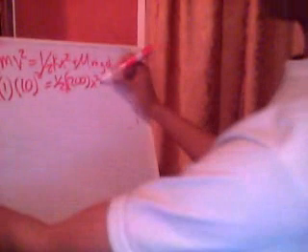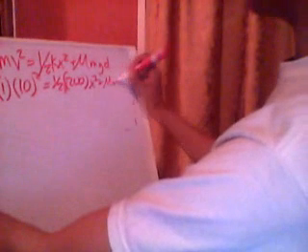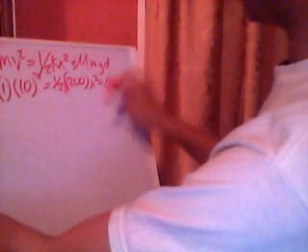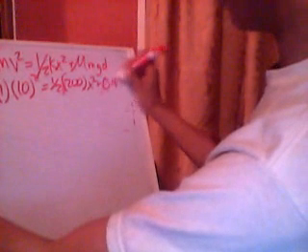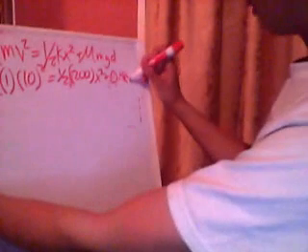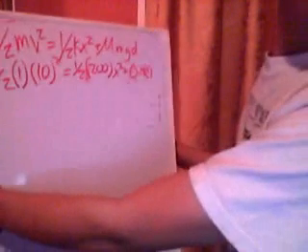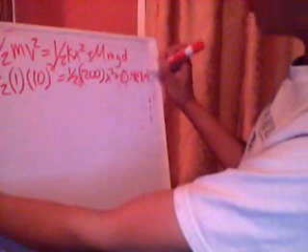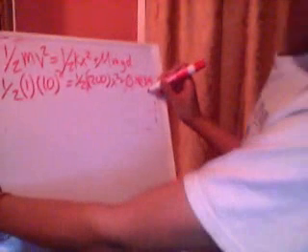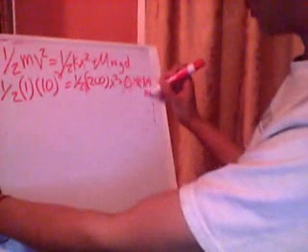Plus mu, which is 0.4, times the mass, which is 1, times gravity, which is given as 10, and the distance of the friction area, which is also given as 10 meters.